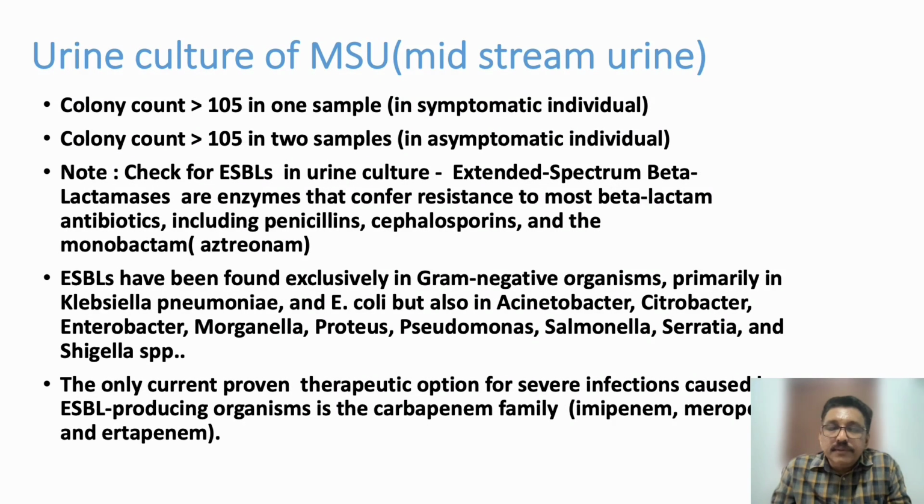We have already discussed that most of the organisms which produce urinary tract infection are gram-negative organisms like E. coli, Klebsiella, Pseudomonas. Always look at the bottom of the culture report. You can see whether it is ESBL positive or negative.